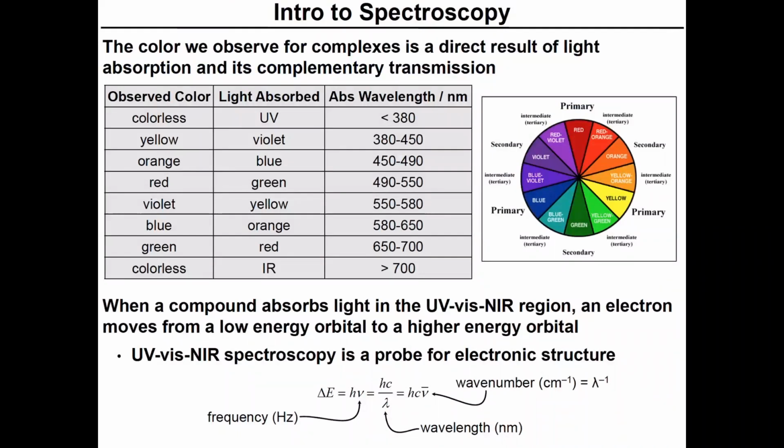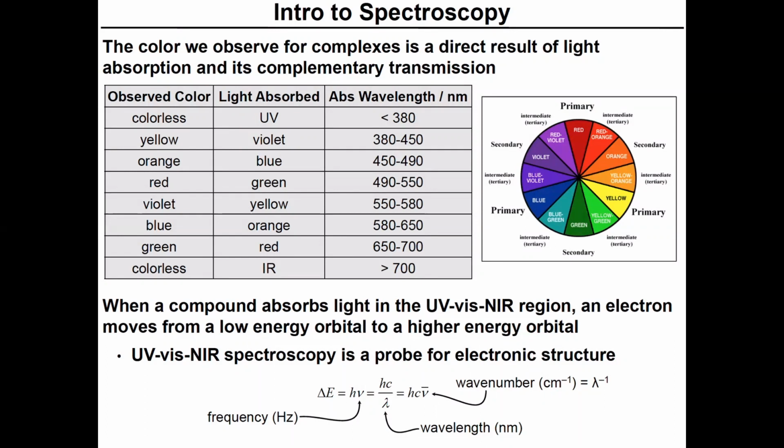So let's remember a couple of things. When you have transitions in molecules that are in the visible, the color you perceive of what you're seeing in solution is a result of the transmission of light, typically of white light, through that sample, which means it's absorbing color that's complementary to what's being transmitted.